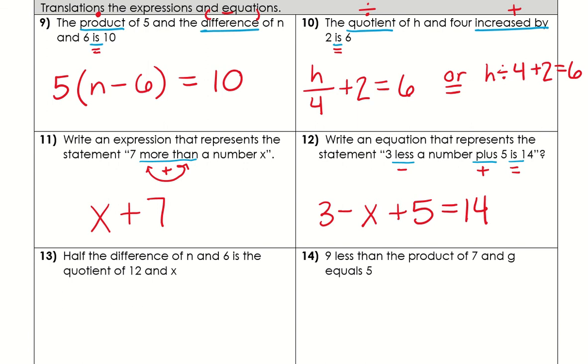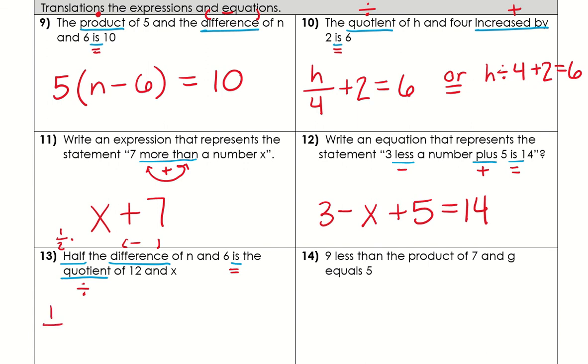All right, 13. Half the difference of n and 6 is the quotient of 12 and x. This one has a lot going on. So half to me means 1/2 times whatever follows. Difference is subtraction with parentheses. Is equals. Quotient is division. So let's start with what's in front of is first.